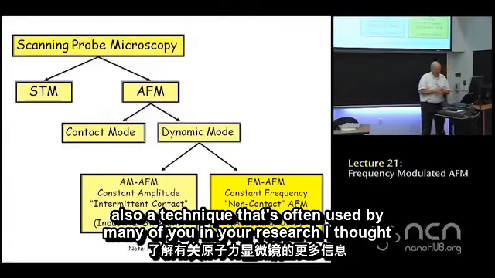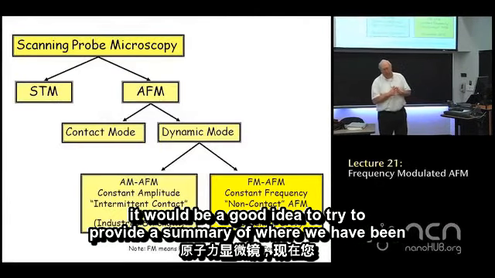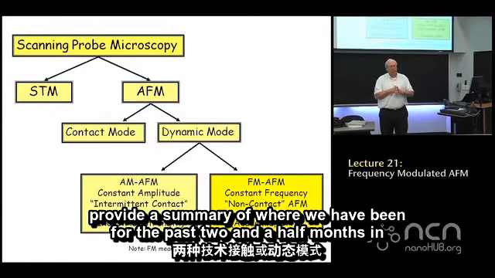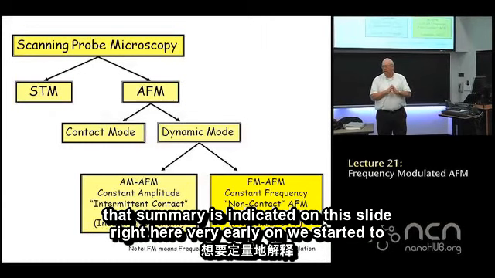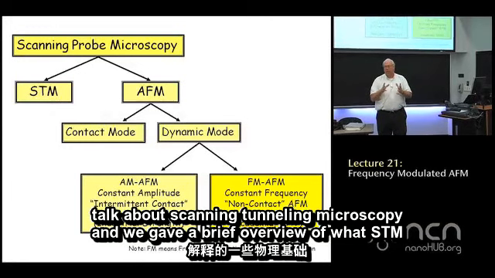I thought it would be a good idea to try to provide a summary of where we have been for the past 2.5 months. And that summary is indicated on this slide right here. Very early on, we started to talk about scanning tunneling microscopy, and we gave a brief overview of what STM was.